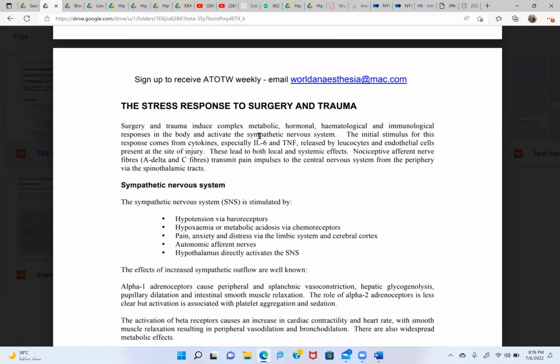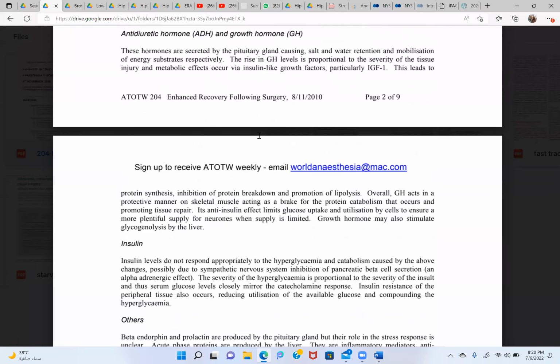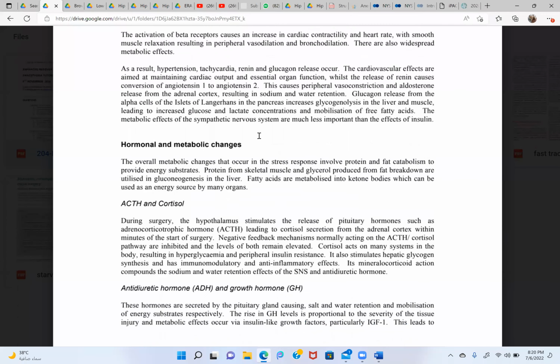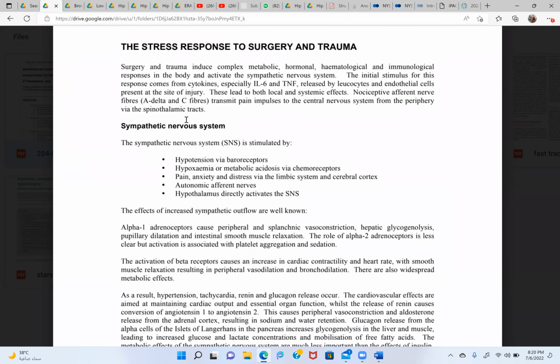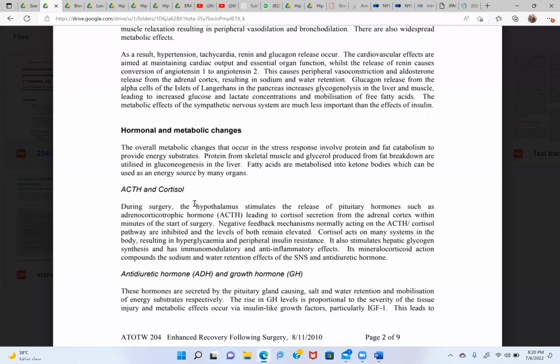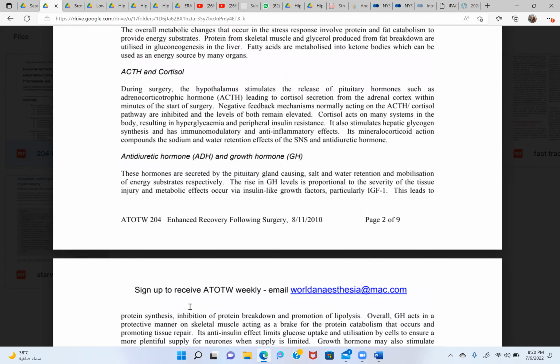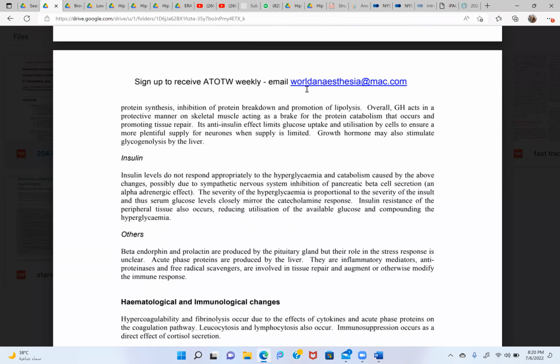So this is the concept to avoid the stress response, because in stress, all the dangerous hormones are increased. There is sympathetic stimulation, and an increase in ACTH and cortisol, which are all diabetogenic. Insulin is reduced and insulin resistance develops, and ADH and growth hormone also rise, all to counteract the stress.